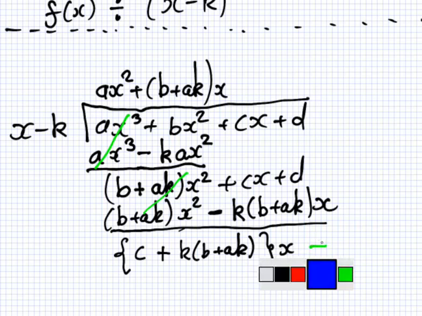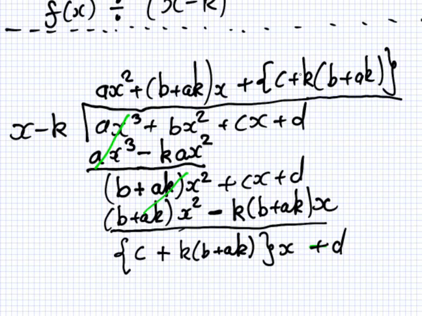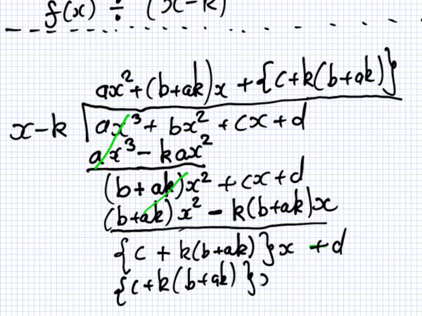Okay, so I multiply and I get (b plus ak) x squared minus k times (b plus ak) x. Okay so far?